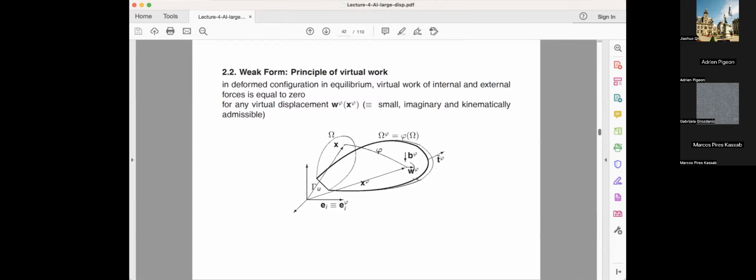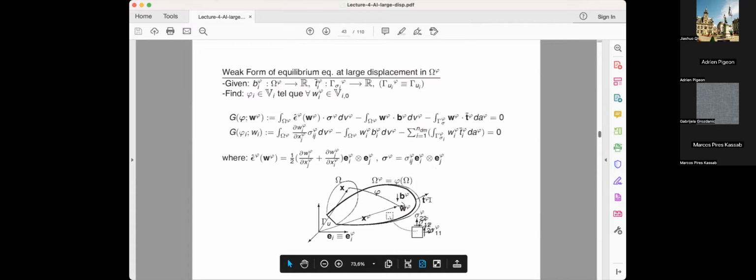And then I can apply my weak form of the equilibrium equation the way I've done it in the small deformation setting. In other words, I take an infinitesimal virtual strain that is computed as the symmetric part of the virtual displacement gradient with respect to coordinates in the deformed configuration, which is written here. This is your infinitesimal tensor, which I compute as 1/2 dwi phi dxj phi plus dwj phi dxi phi, ei phi times over ej phi.